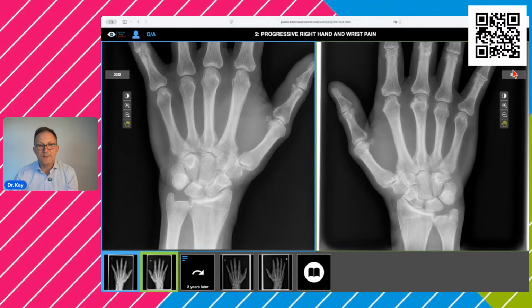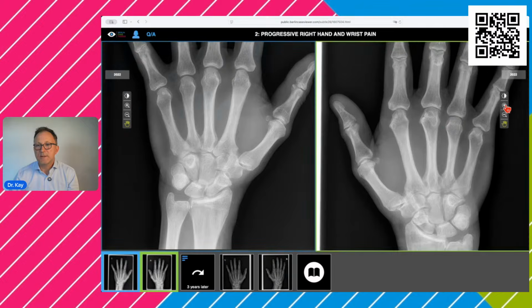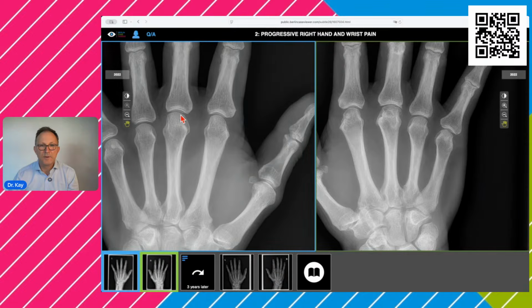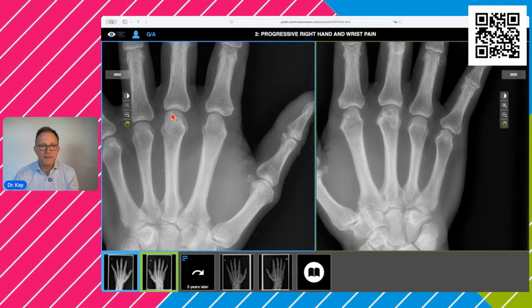So what I can see, if you compare the MCP joints, I see this third MCP joint that looks not good, because here we see there are some small osteophytes that are not there in the opposite hand, on the left hand. And there are these cystic areas that are not here. They look suspicious. Also here, there are maybe some smaller cysts.